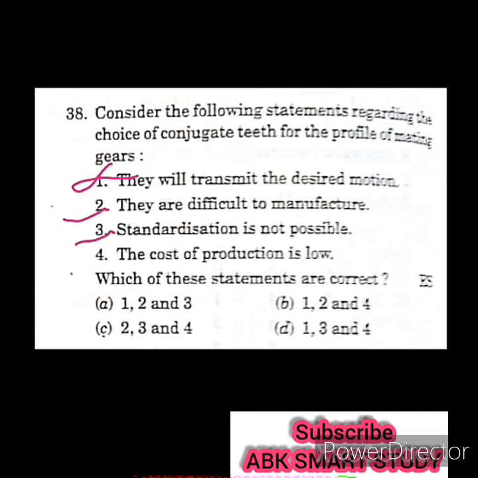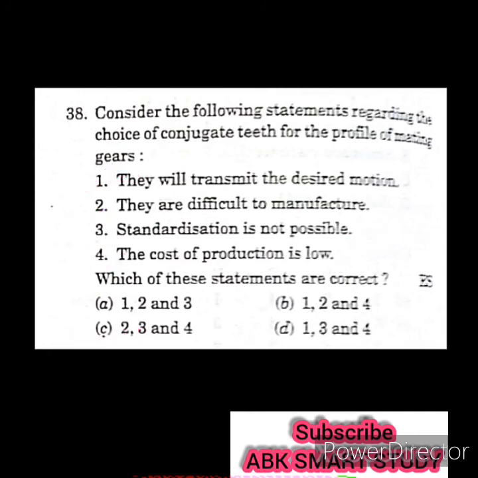And the cost of production is low. This is also correct. So statements 2, 3, 4 are correct, so option C is the right answer. For conjugate teeth for the profile of mating gears, they are difficult to manufacture, standardization is not possible and cost of production is low. So option C is the right answer.